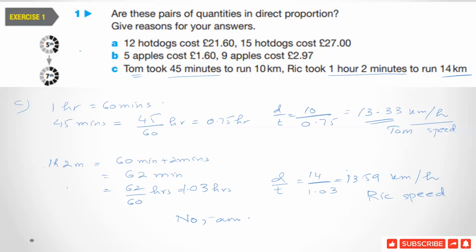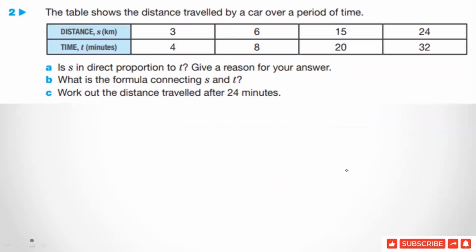Now we check question number 2. The table shows the distance traveled by a car over a period of time. Again, as I told you before, what is the distance divided by time? This shows speed, right?